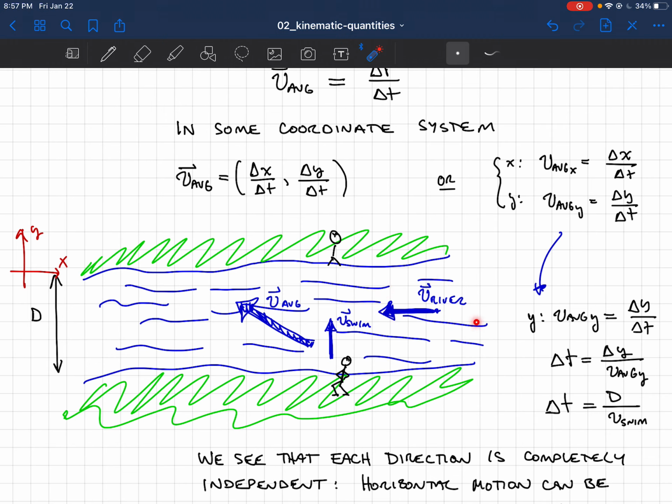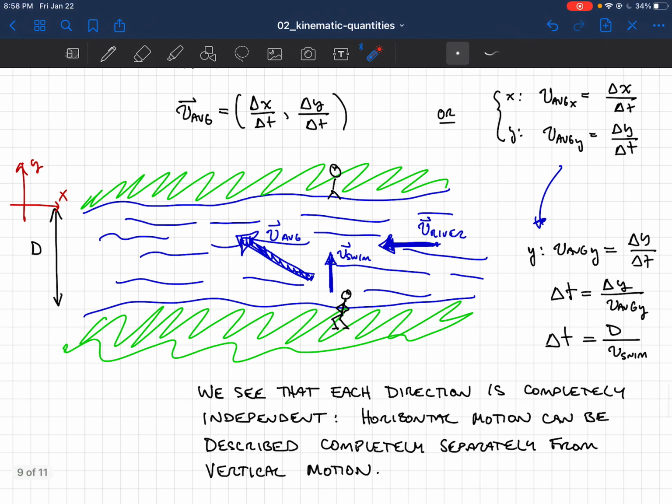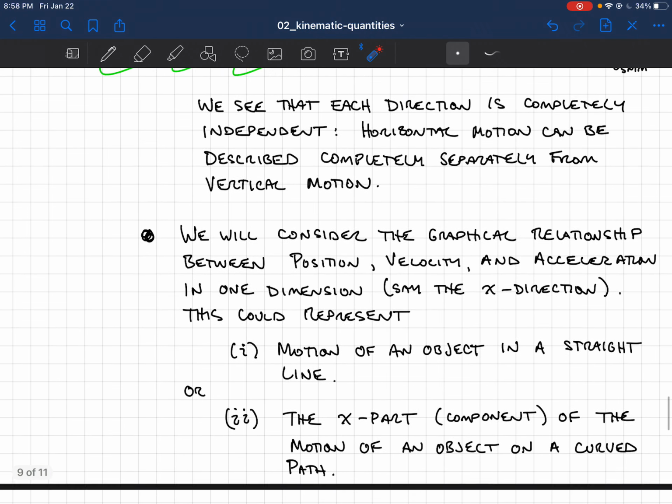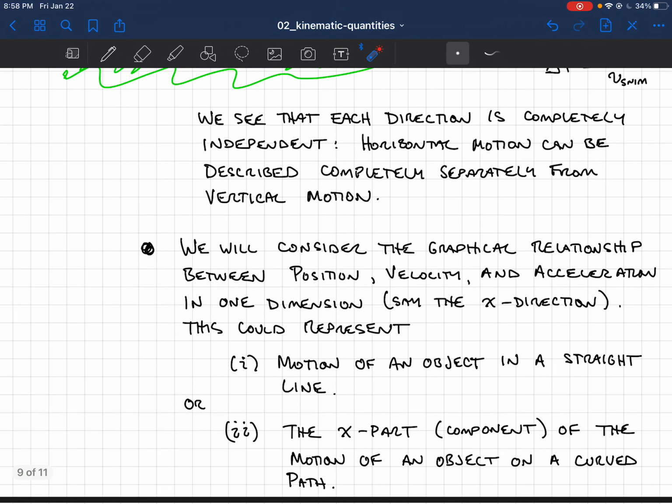So we can completely ignore the river in order to answer the question of how long it takes to get across. And that's because the x and the y components of these vectors are completely independent. So as I say here, horizontal motion can be described completely separately from vertical motion, or in the way that I just did it, vice versa. Everything's completely independent. So we're going to look at, in just a moment, the graphical relationship between position, velocity, and acceleration.